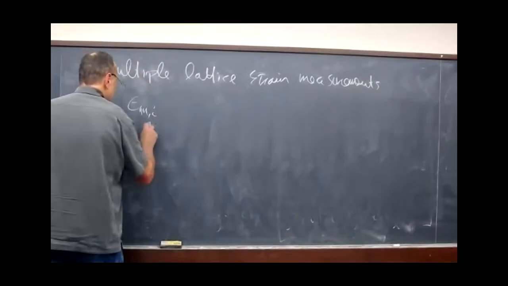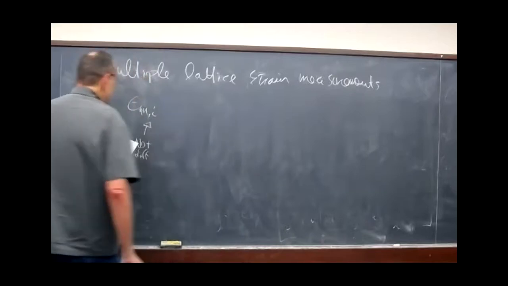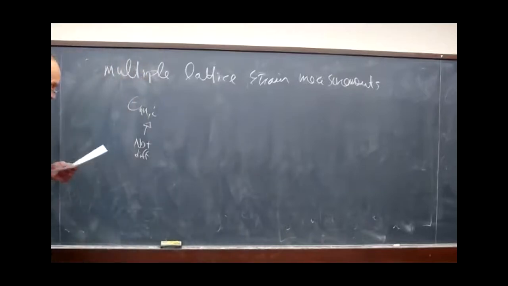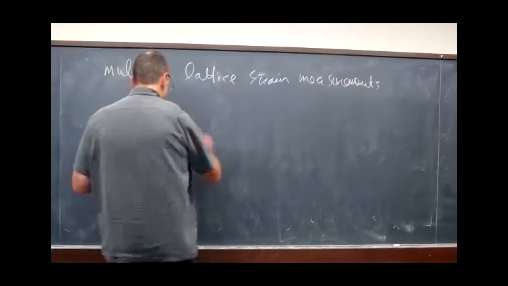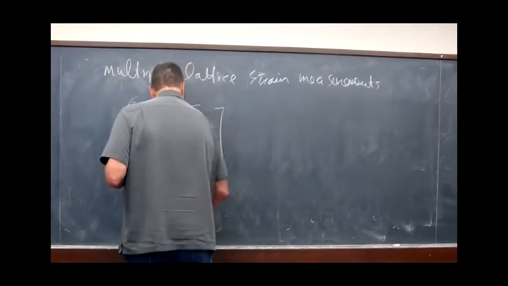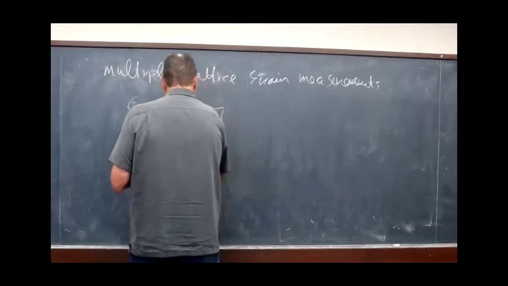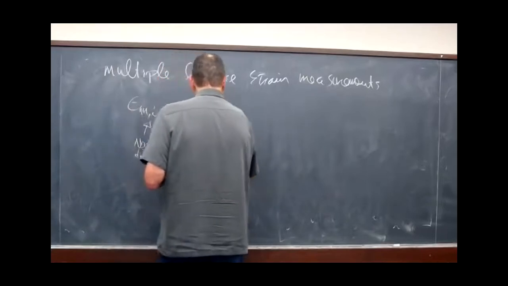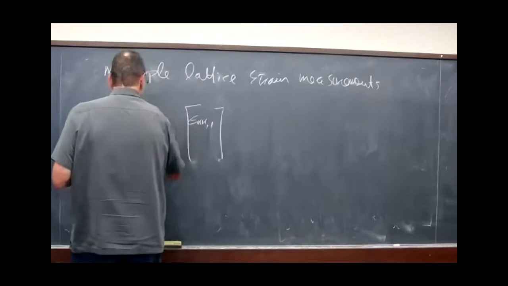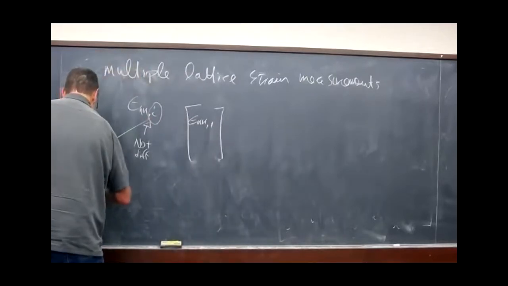We're not differentiating, we're just using this notation. And so we will write it in matrix form as the following. Epsilon n, and this is the ith measurement.